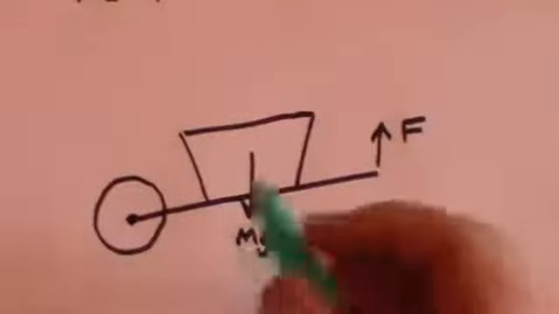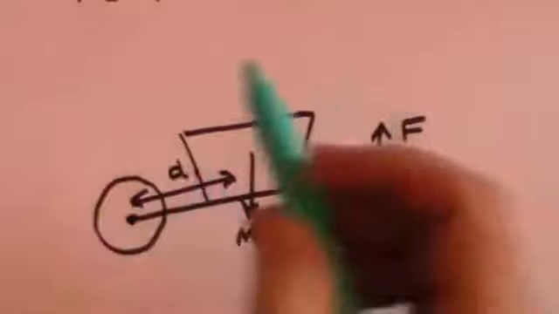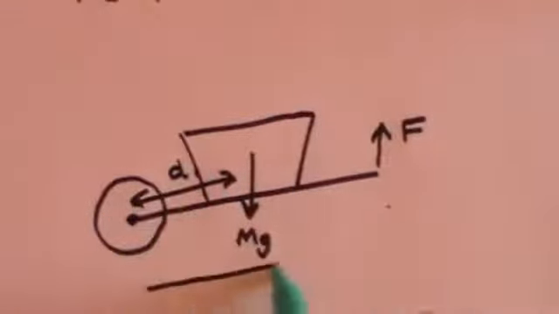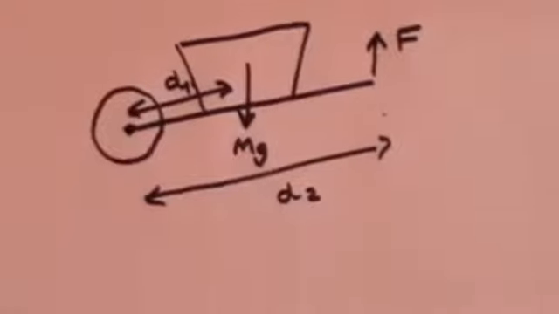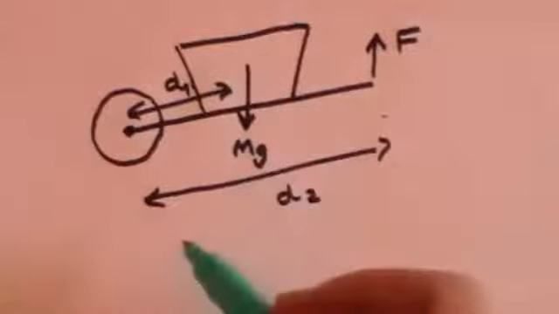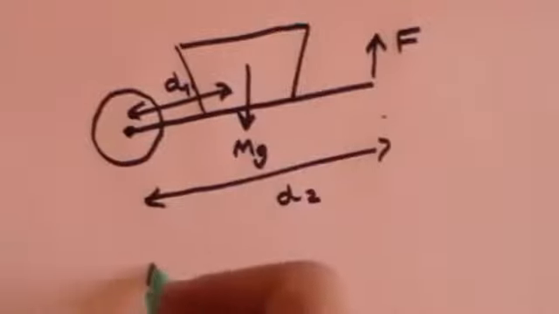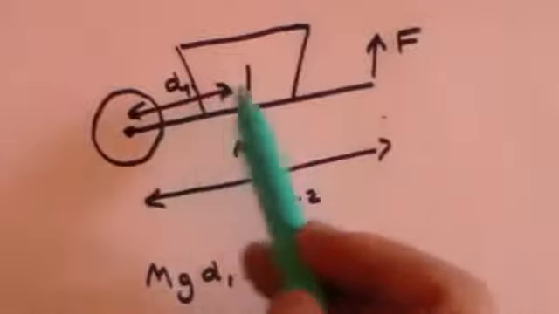And once again, let's say that this is a distance d1, and we'll say that the distance to the force is a distance d2. So this is d1, this is d2. And so once again, the moment of the force acting downwards, causing the thing to swivel down, will be mg times d1, force times distance.